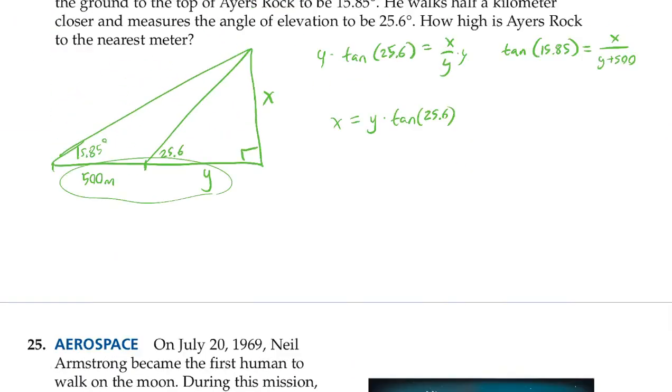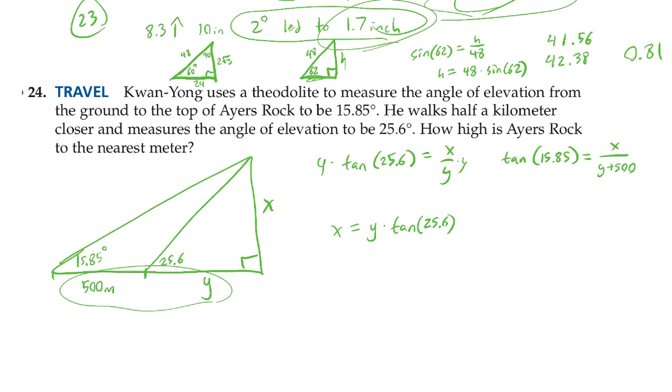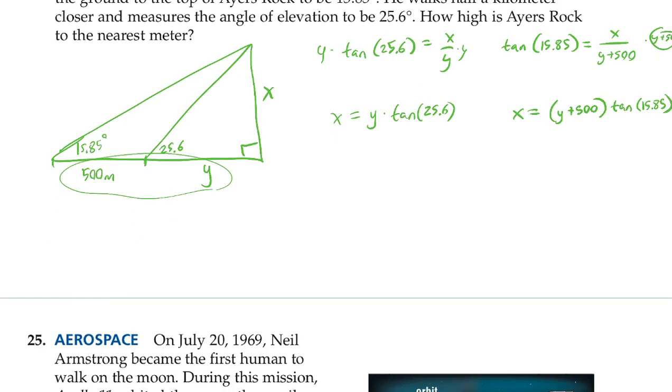So in terms of the smaller triangle, x is y times tangent of 25.6. In the other one, x is equal to, so we multiply by the y plus 500 as a group, and so we get x equals, in parentheses, y plus 500 times tangent of 15.85.